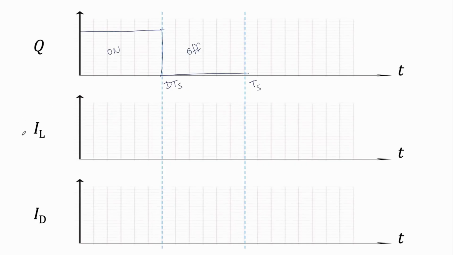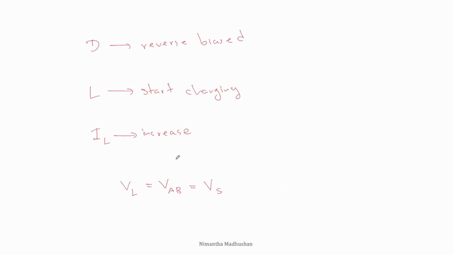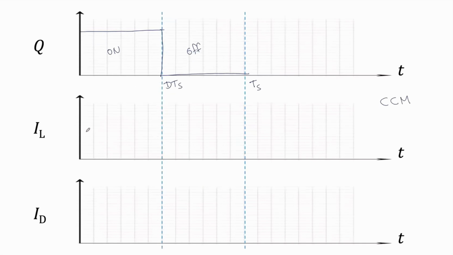And if we consider the inductor current, now I consider this operation is continuous conduction mode. That means inductor current will not go to 0. During the turn on time, IL is increased from a minimum value IL min to IL max.